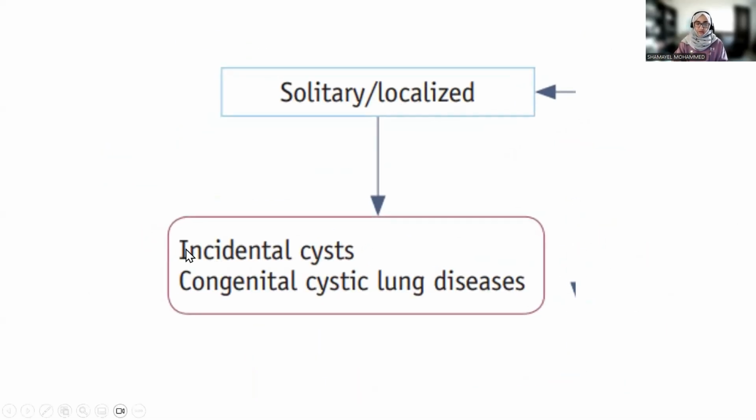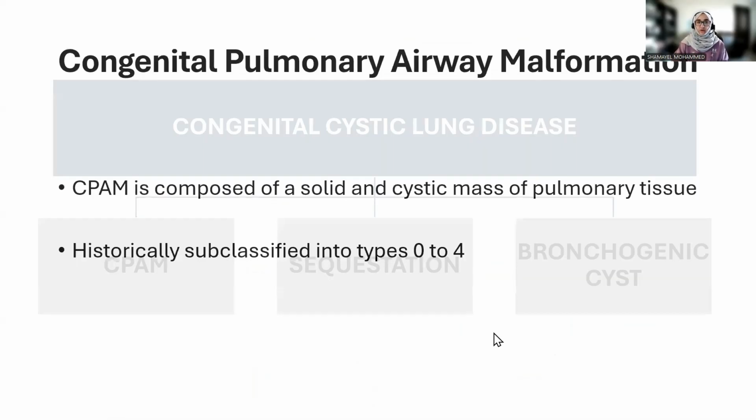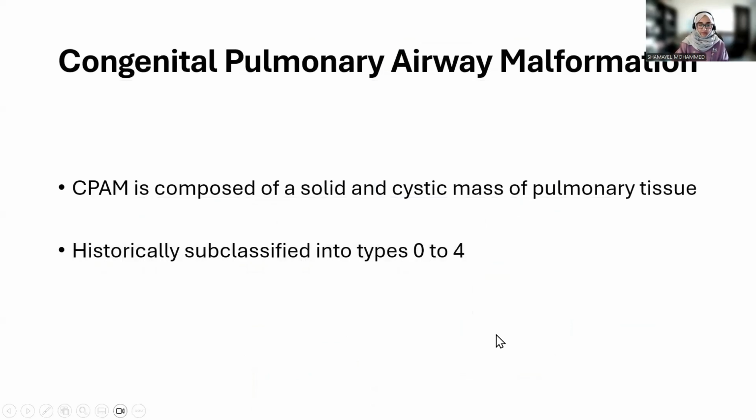The differential diagnosis would either be incidental cyst or congenital cystic lung diseases, since this patient is 2 months old, in the pediatric age group. In the pediatric age group, the three main differential diagnoses that you would consider are CPAM, sequestration, and bronchogenic cyst. Let's concentrate on congenital pulmonary airway malformation.